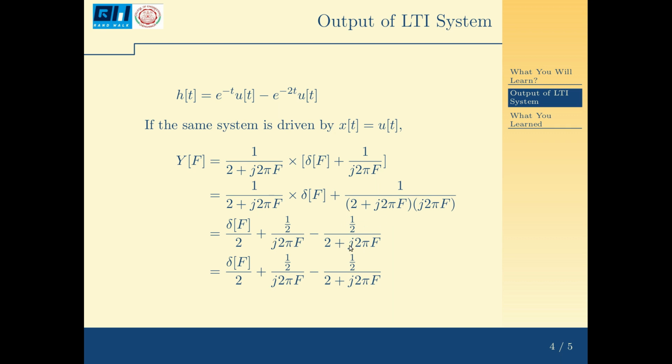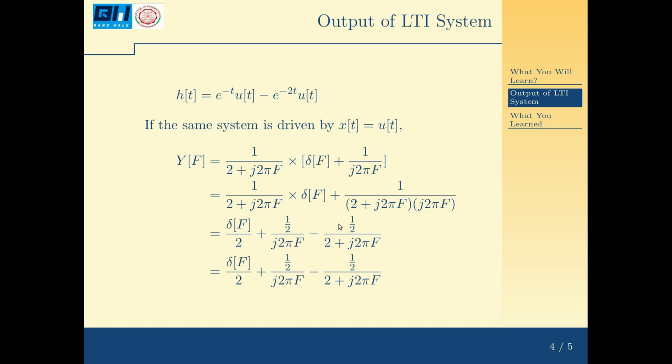Then I have to compute the residue for the other pole, which is f equal to minus 2 by j2π. If I put f equal to minus 2 by j2π after masking this term, where masking is equal to multiplication by 2 plus j2πf, but for ease of doing we can think of masking that term, it becomes minus 1 by 2.